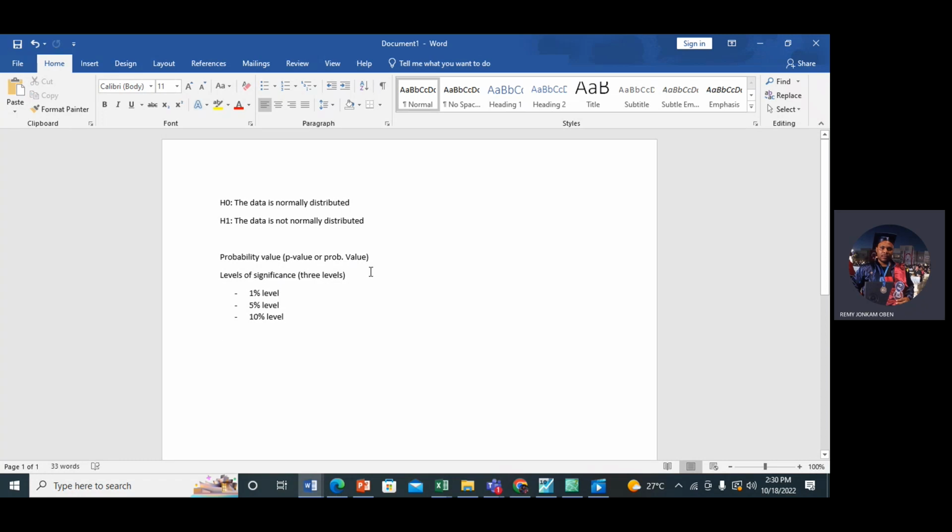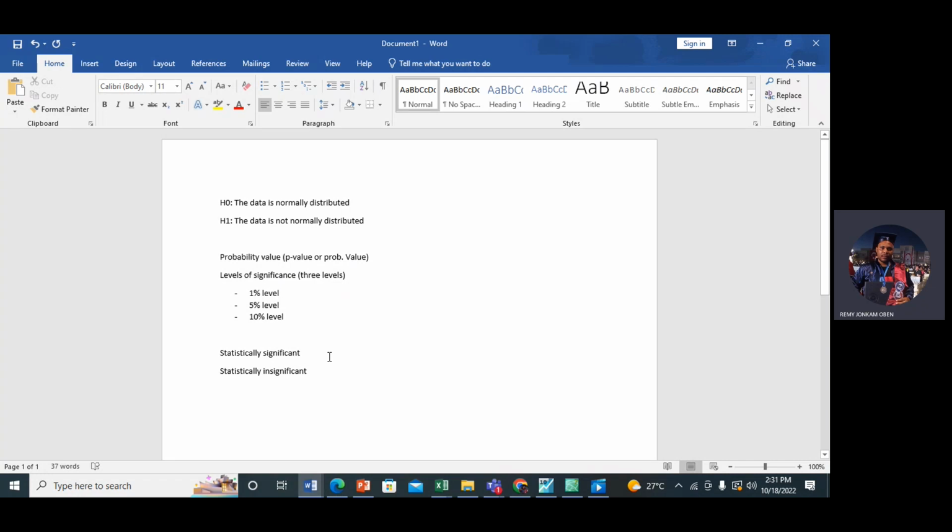Now, with the probability values, it can either be statistically significant, or it can be statistically insignificant.